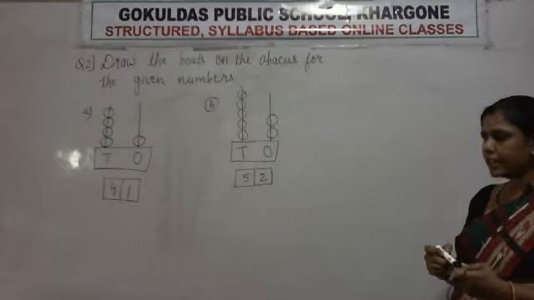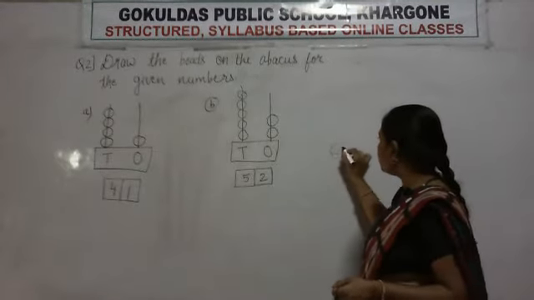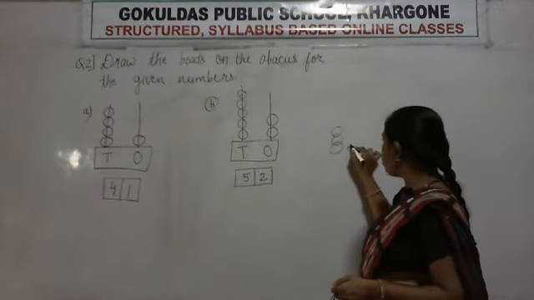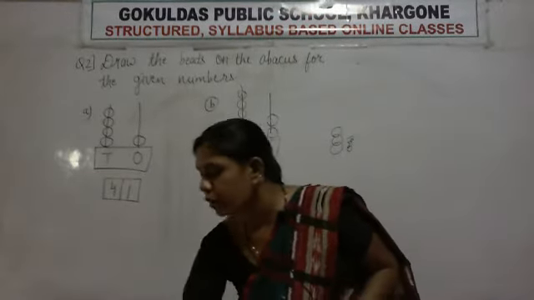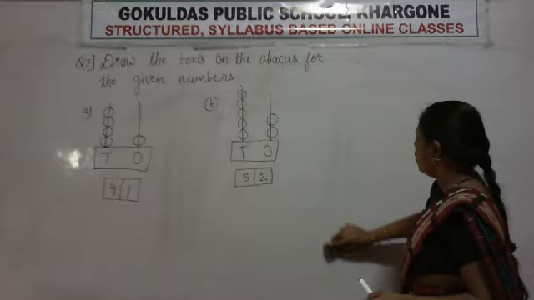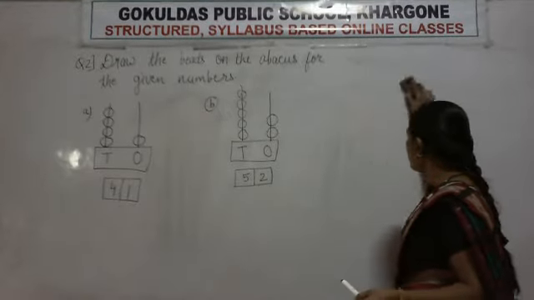And draw the beads neatly, clearly. Don't overlap. Don't draw like this and like this. Draw the beads clearly so that you are able to count how many beads you are drawing.